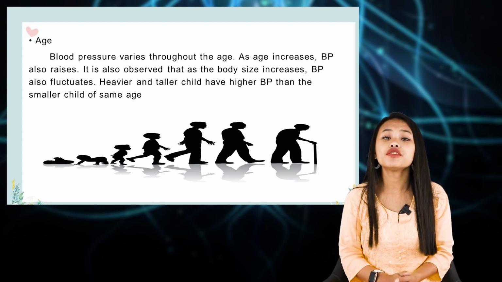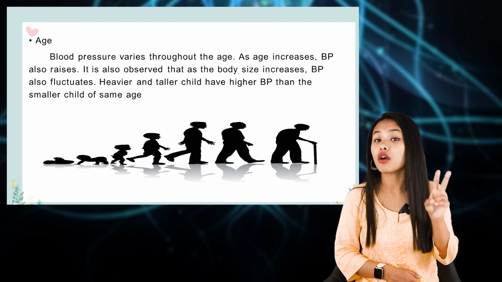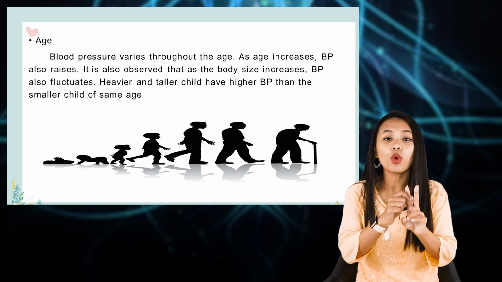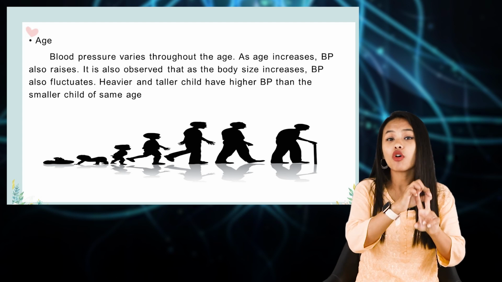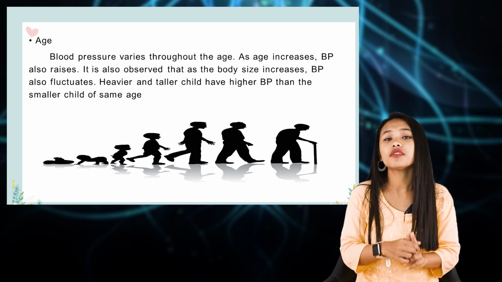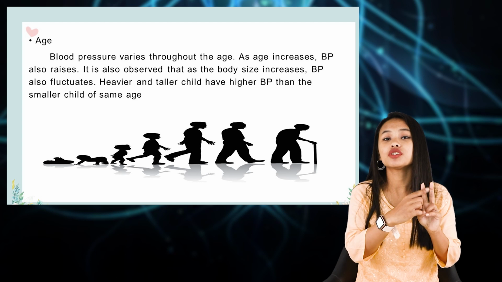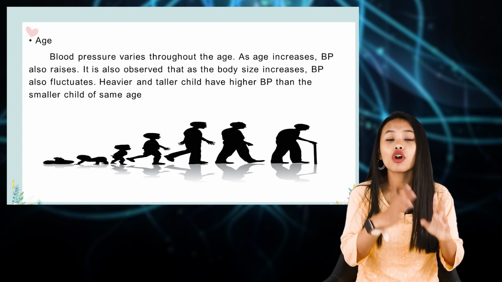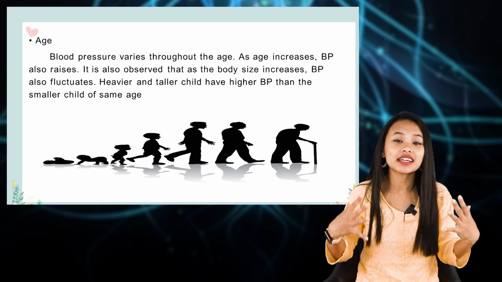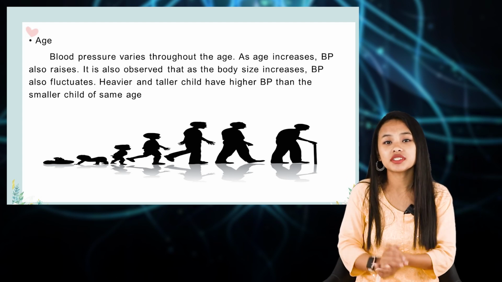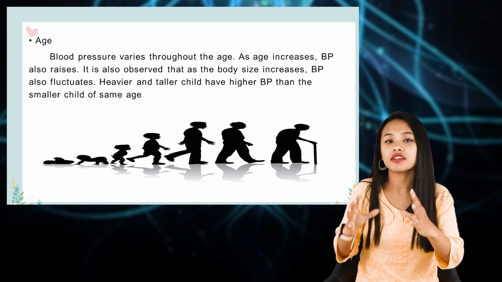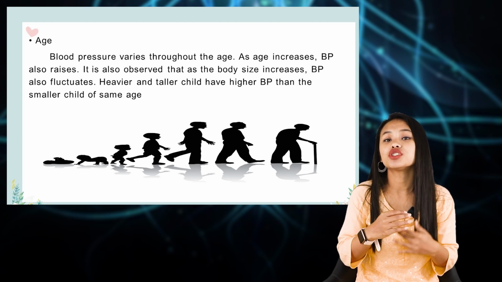And also, if you compare two children of the same age, but one is heavier and taller, whereas the other one is smaller and shorter, then you will find that the blood pressure between the two will also not match. Why? Because their body size is different, right? So depending on the age and depending on their body size, the blood pressure of an individual can differ from one person to the other.